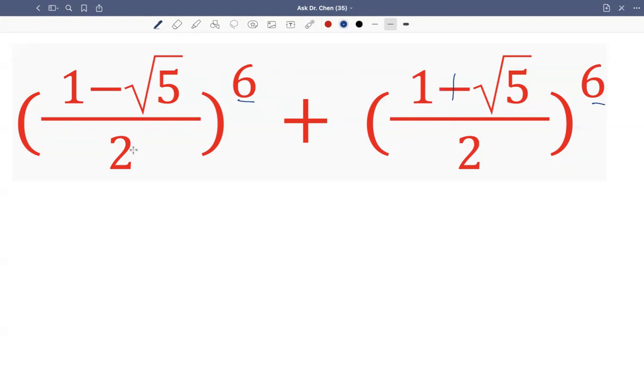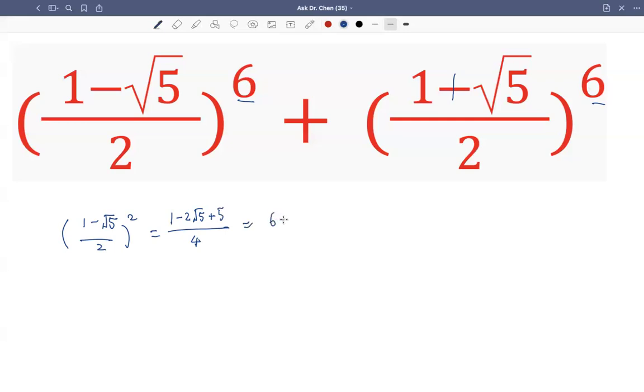So let's see. Let's first try 1 minus the square root of 5 divided by 2 raised by square. So the denominator will get 4. The numerator perfect square, 1 minus square root of 5 squared, will get 1 squared, minus 2 times 1 times square root of 5, that's minus 2 square root of 5, then plus square root of 5 squared, which is 5.